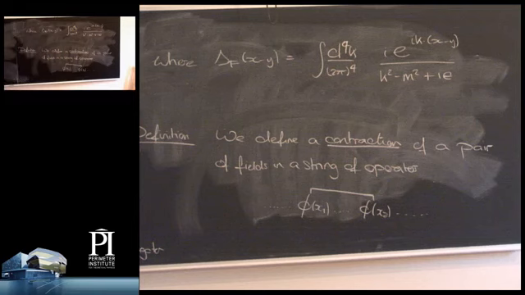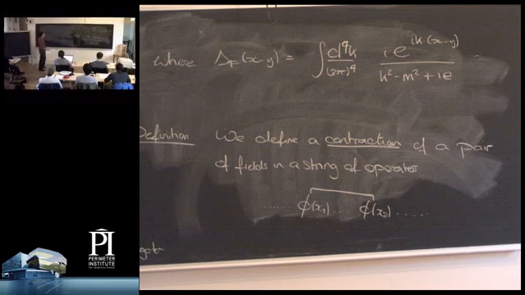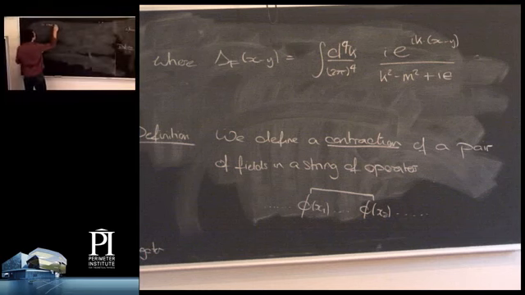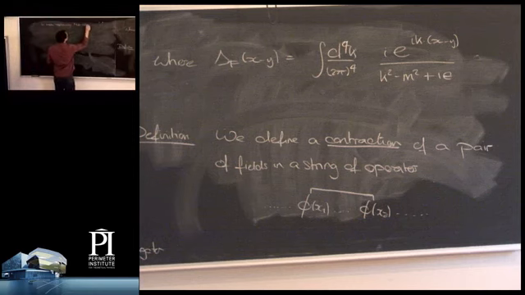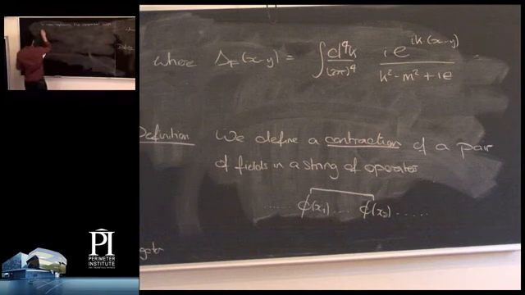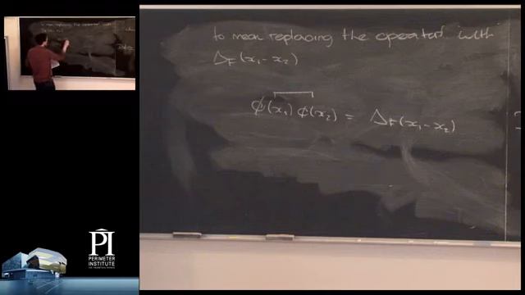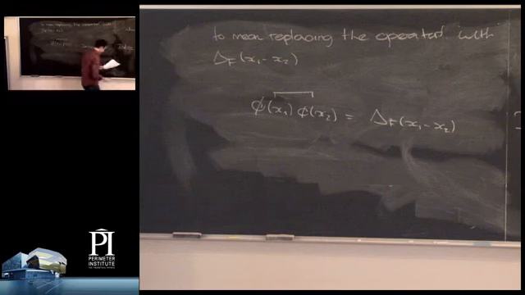So if you ever see this, I'll try and get my grammar right, we define a contraction of a pair of fields in a string of operators to mean replacing the operators with the Feynman propagator, and leaving everything else as below, okay?